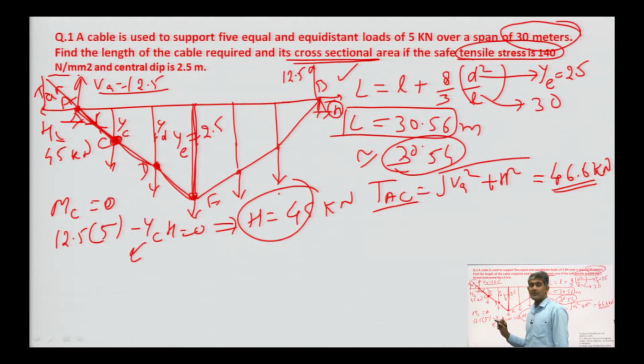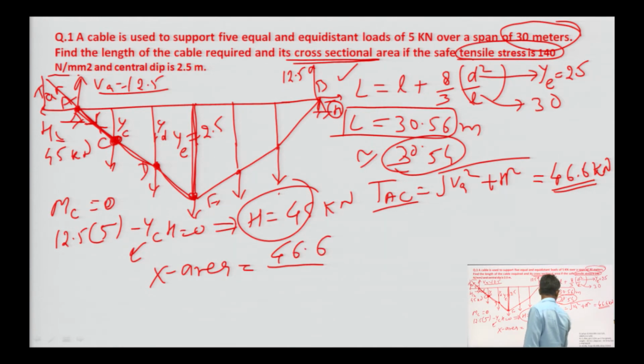Therefore, the required cross sectional area can be calculated by dividing 46.6 kilonewton by 140 Newton per mm square. So multiply here by 1000.